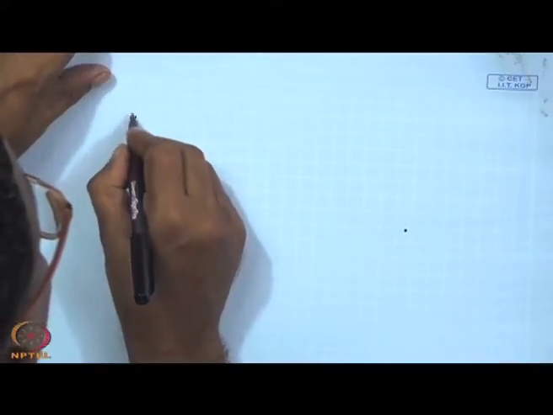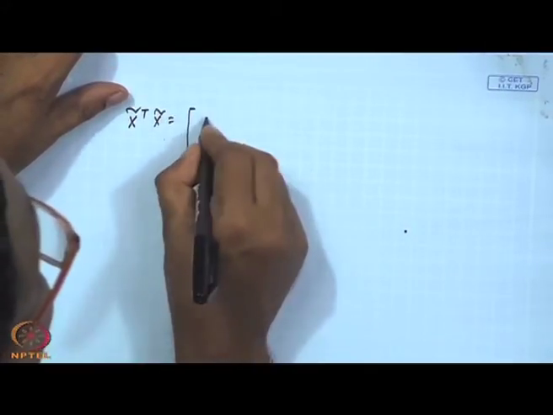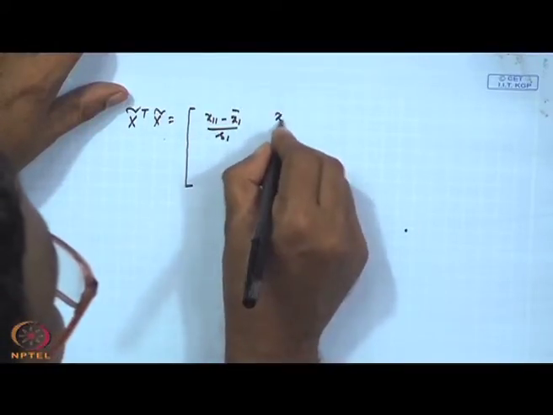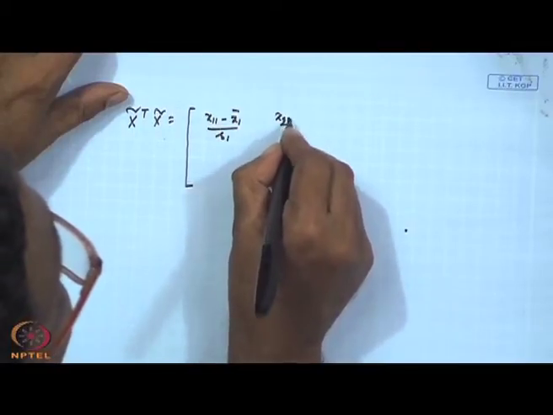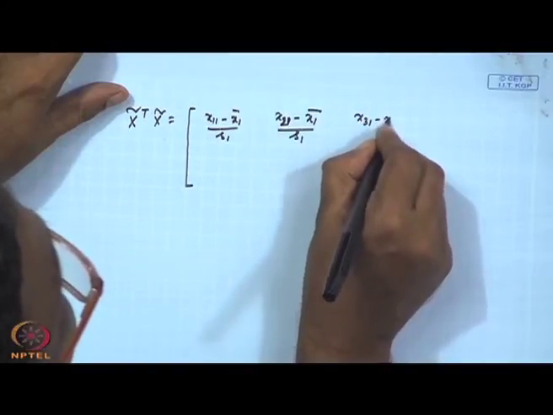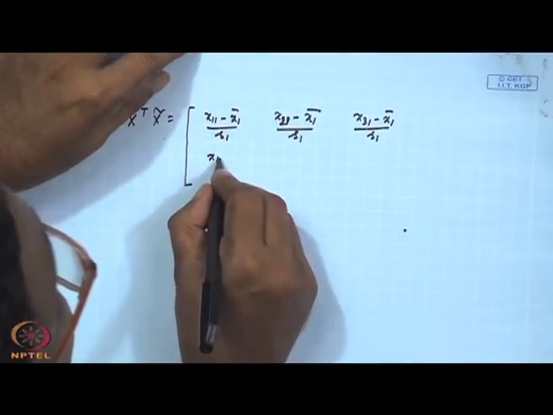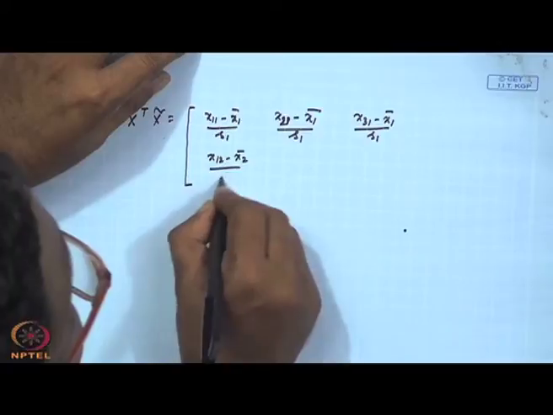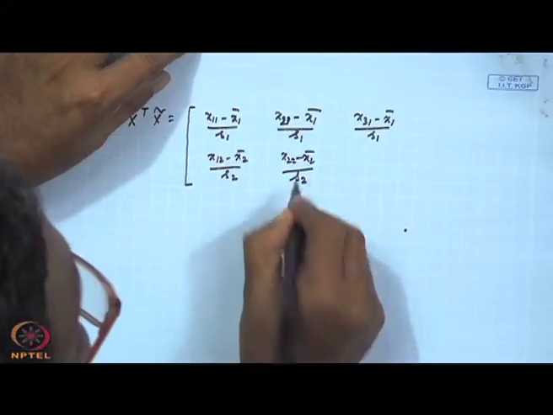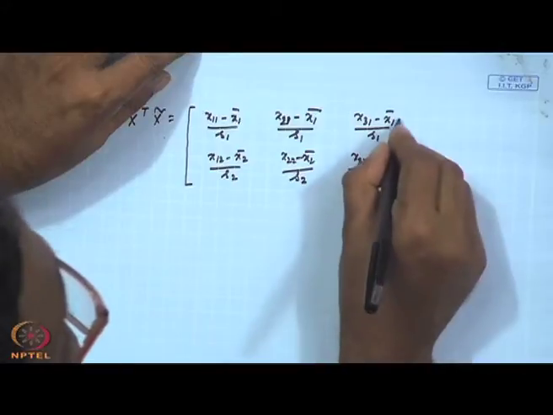So, if I do x tilde transpose x tilde, what will happen? You have (x11 minus x1 bar) by s1, (x21 minus x1 bar) by s1, (x31 minus x1 bar) by s1, then (x12 minus x2 bar) by s2, (x22 minus x2 bar) by s2, (x32 minus x2 bar) by s2.